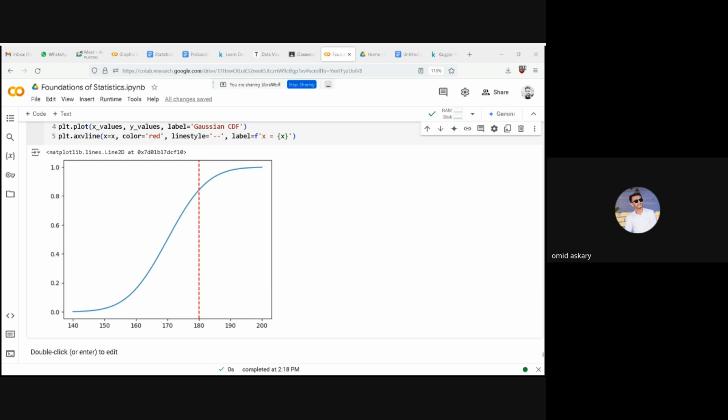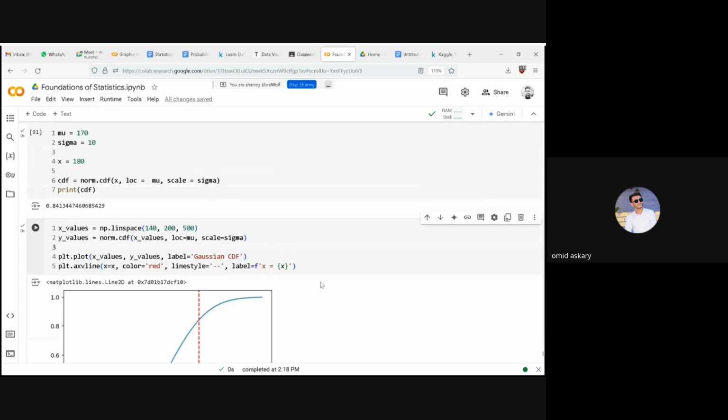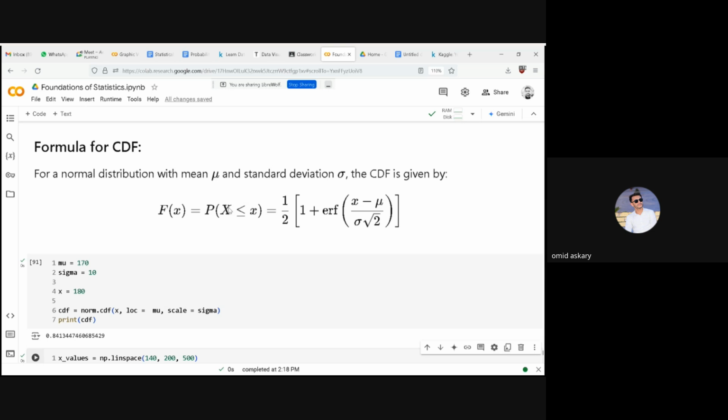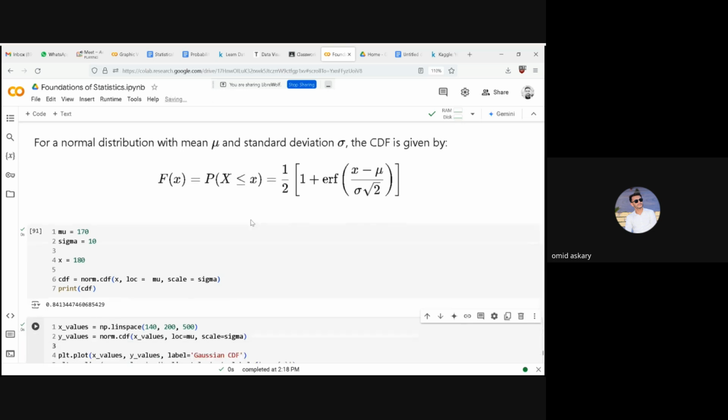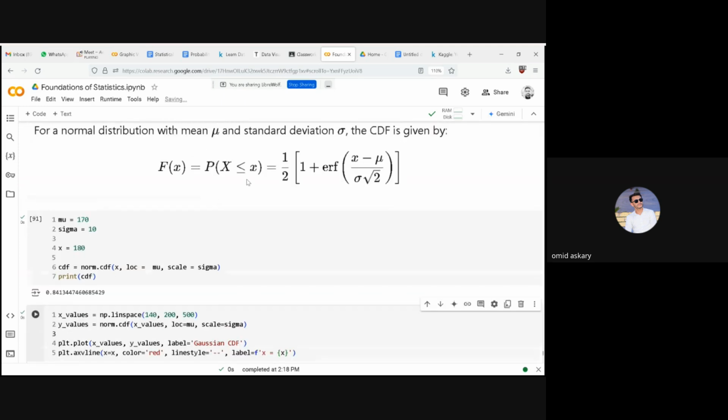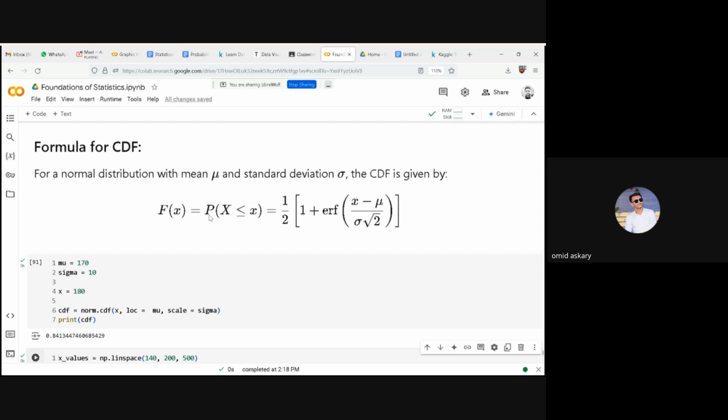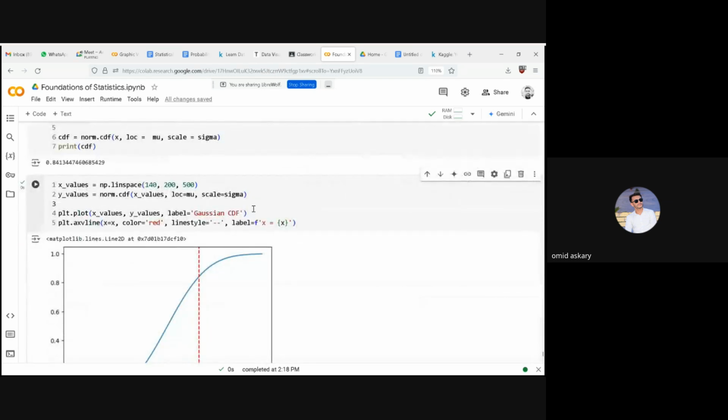I hope you will remember that this is the thing. You see what it means? P(X) is less than or equal to x. So there is an 84% chance that the person you choose from this whole population will be less than 180 or, at the highest, equal to it.